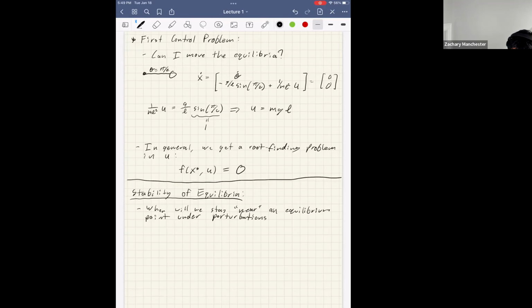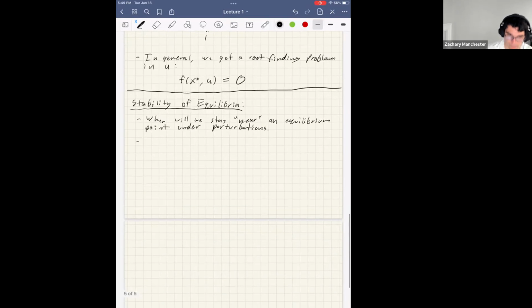To get at this, we're going to look at a super simple 1D dynamical system. It will be a nonlinear system, but a 1D system, and here I mean the state space is 1D.